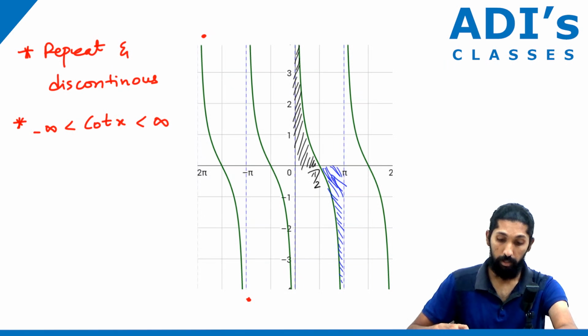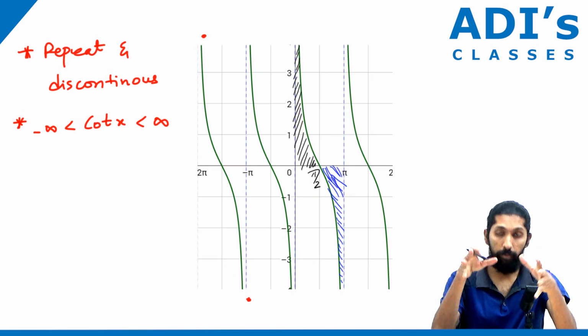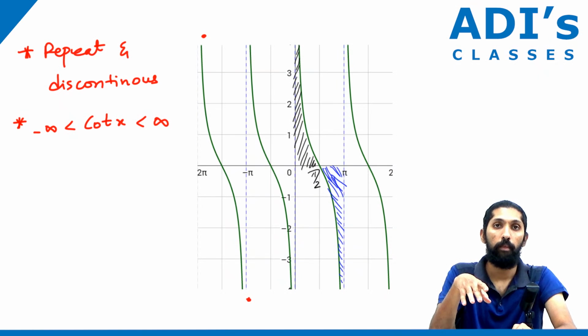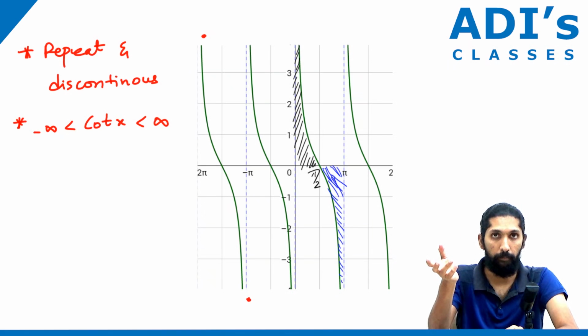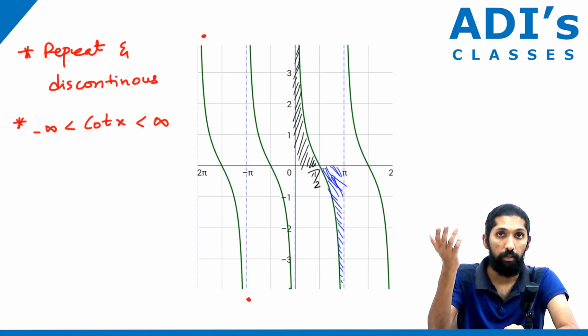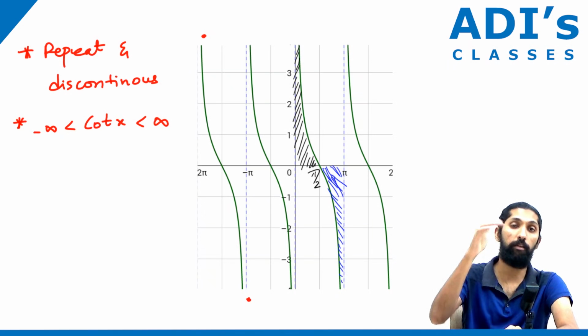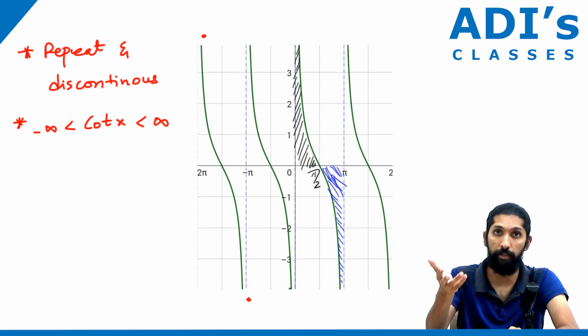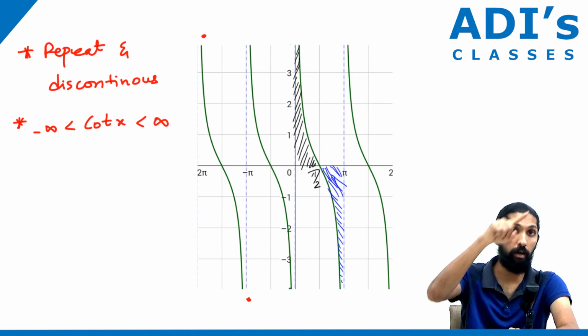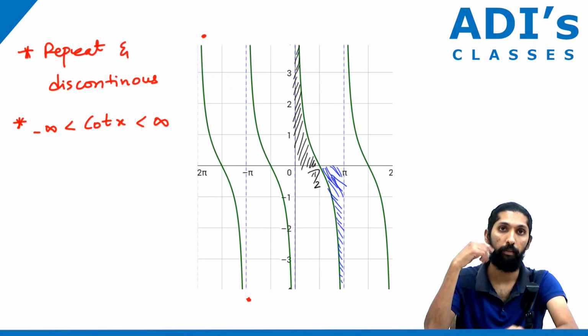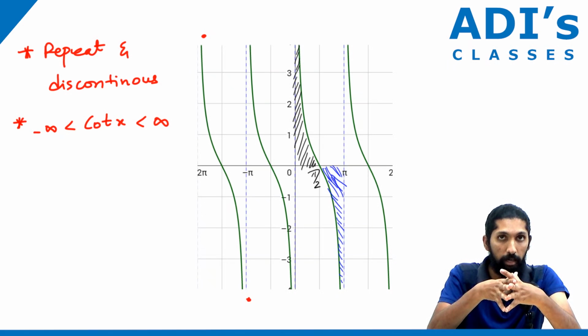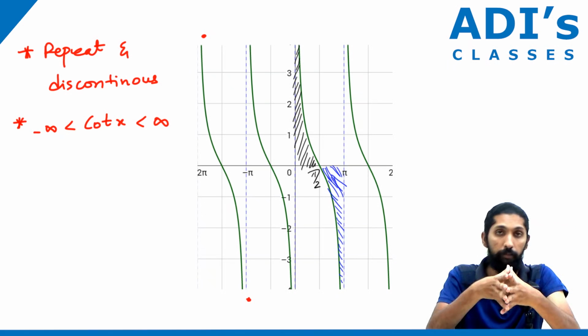Clear? Now, in this case, cot x is especially just like tan x, isn't it? So one goes up, and if you look at the trend of tan x, it's coming down from plus infinity to minus infinity. It's coming down.